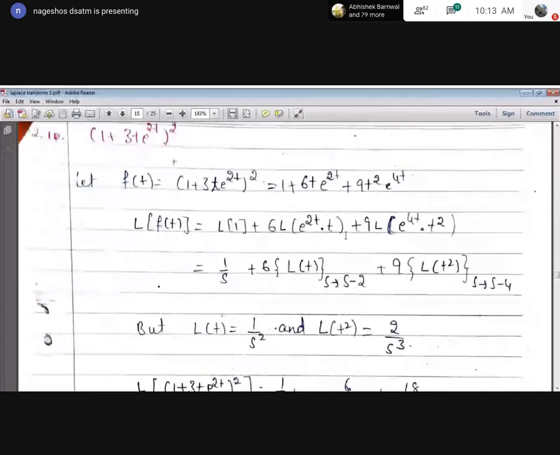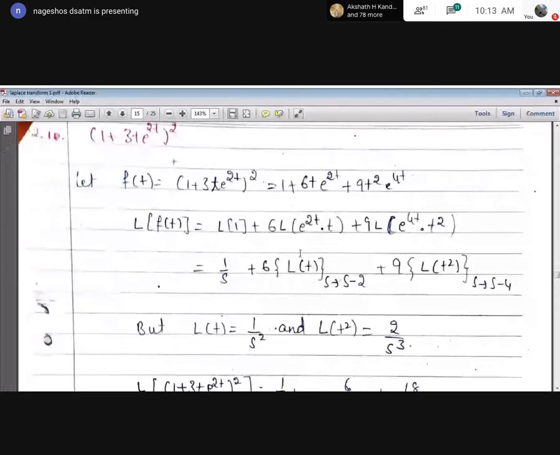After this, first find out the Laplace transform of t. After that, substitute s by s minus a. Here s minus a is s minus 2. Understood? Why? Because of the first property. What first property? If an exponential is multiplied, then find out the Laplace transform of the function and replace s by s minus a.